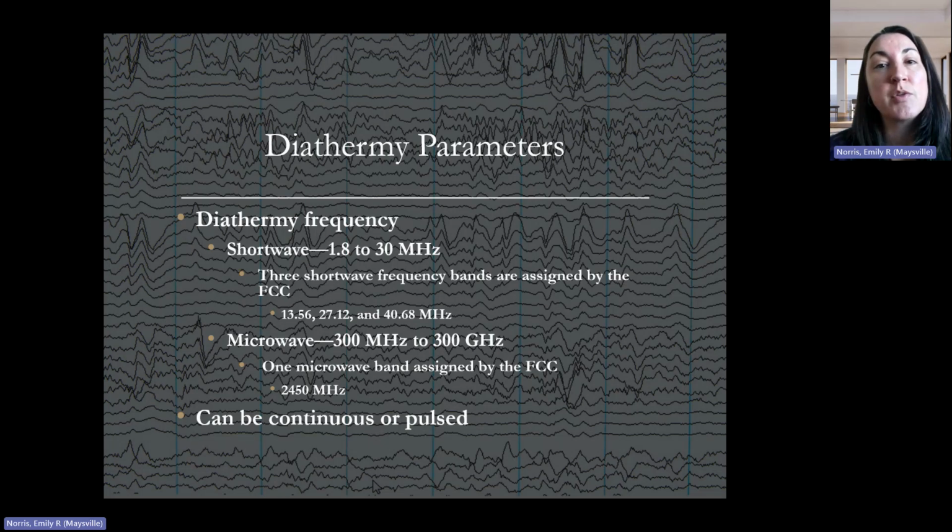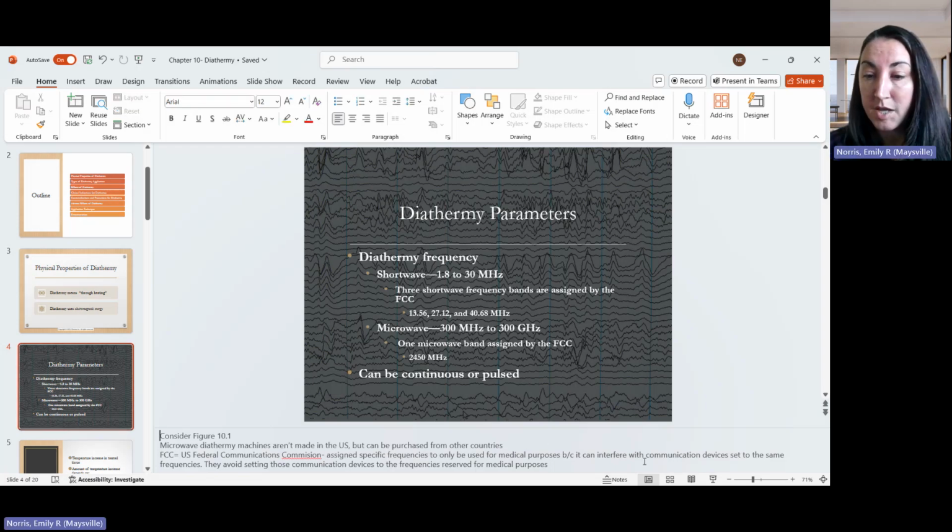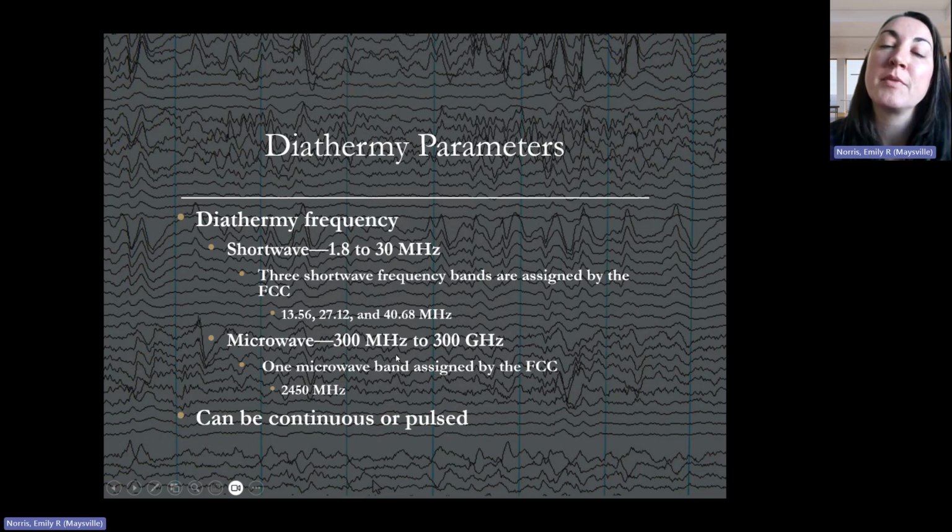It can, just like with ultrasound, be pulsed or continuous, and the continuous again has the heating effect, and the pulsed has the non-thermal benefits without the thermal effect. One other thing that I'll say before I move on is the microwave diathermy machines are not made in the US, but you can order them from other countries, whereas the shortwave are. So they're a lot more available within the US than the microwave ones.